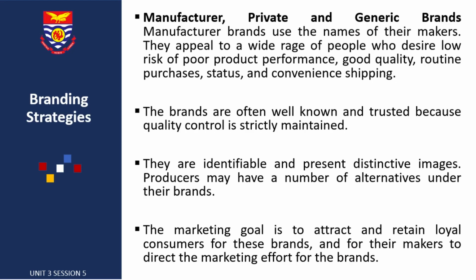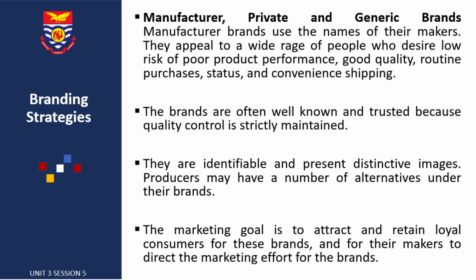Branding strategies. We are going to look at some of the strategies that marketers adopt during branding. We have the manufacturer, the private, and the generic brands. We will take them one after the other. Manufacturer brands use the names of their makers.